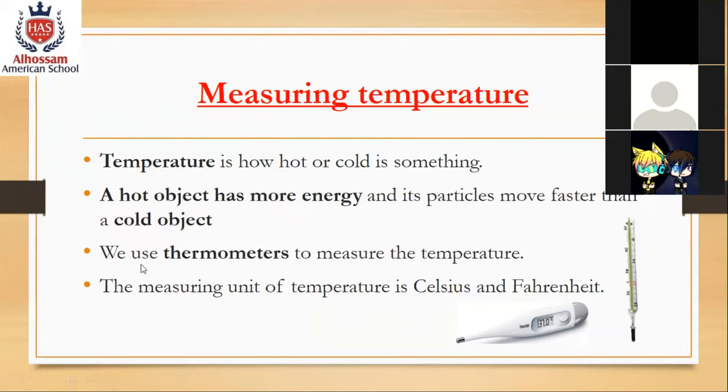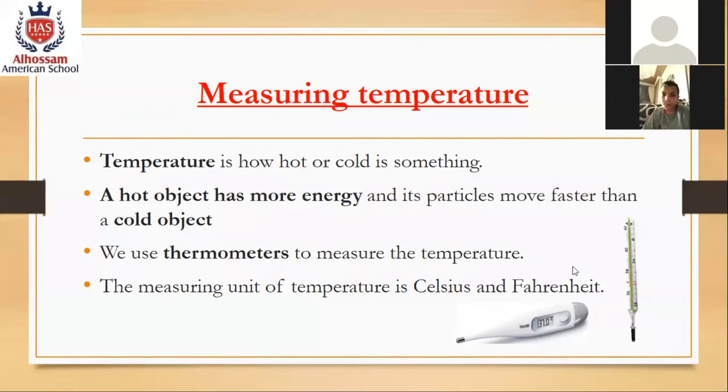So we use thermometers to measure the temperature. This is the device, this is the tool that we use to measure the temperature. And the measuring unit of the temperature is either Celsius or Fahrenheit. Again, we said that the temperature is how hot or cold something is. And we also explained that each object consists of particles. These particles move according to the temperature.